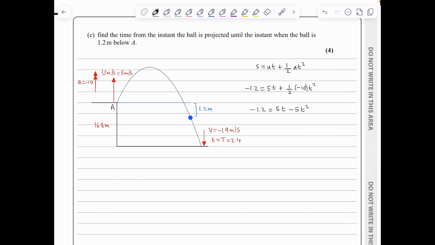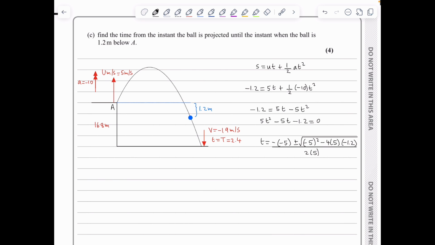I will collect everything on the left hand side to get 5t squared minus 5t minus 1.2 is equal to 0. And I will proceed with the quadratic formula. So we're looking at t being minus the negative 5 plus minus the square root of the negative 5 squared minus 4 times 5 times the minus 1.2, and everything divided by 2 times 5.